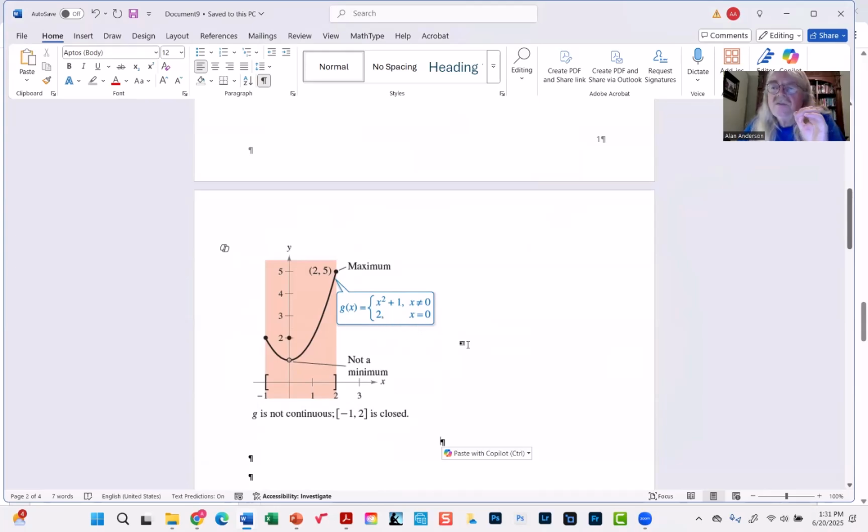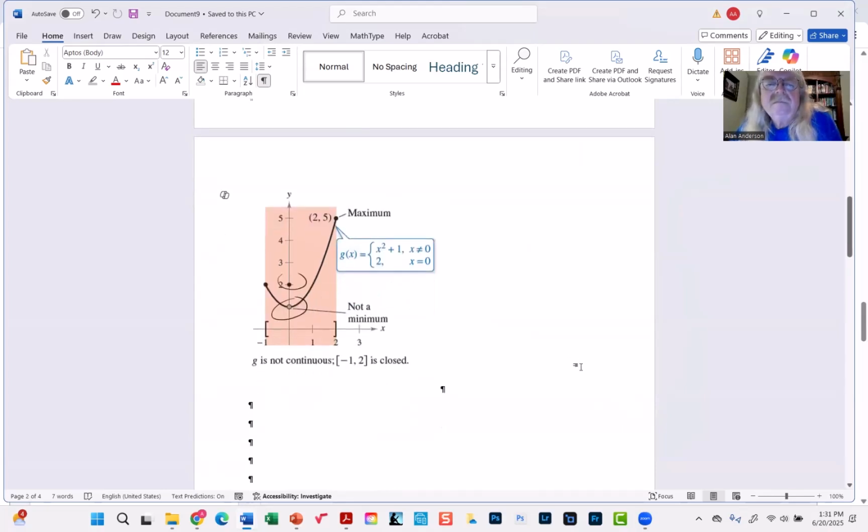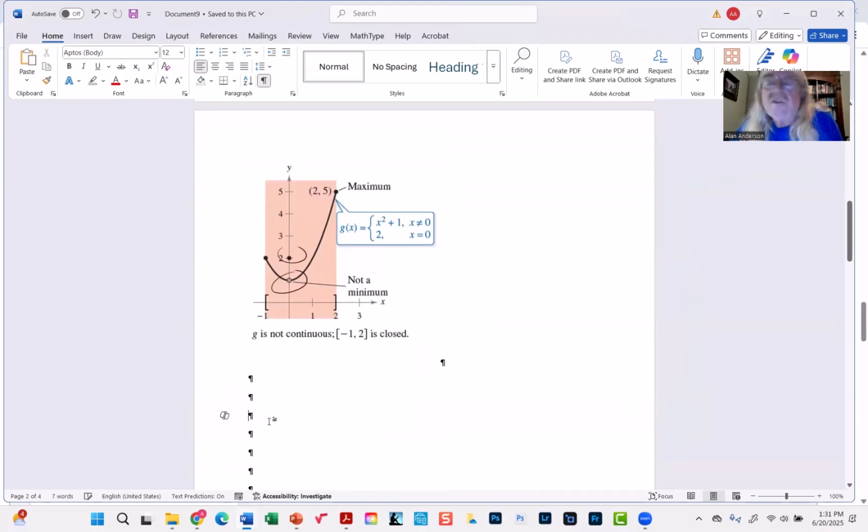It's a piecewise function. And when x is exactly equal to 0, the function is actually equal to 2. And so that means that whatever this is no longer a minimum, okay, because it's not part of the curve. Now we can still find a minimum, but it's not zero.